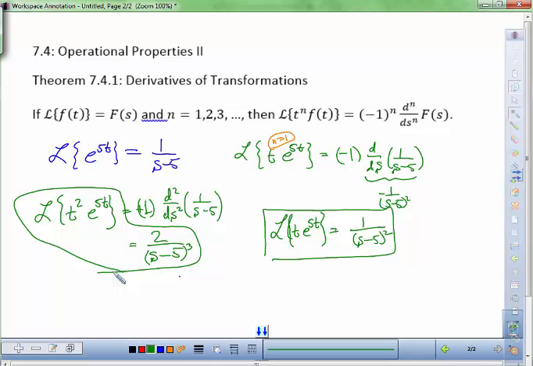Okay. So if you have something that has a t or a power of t in front of it, and you're transforming that to go from the t world to the s world, then it's a matter of taking derivatives.